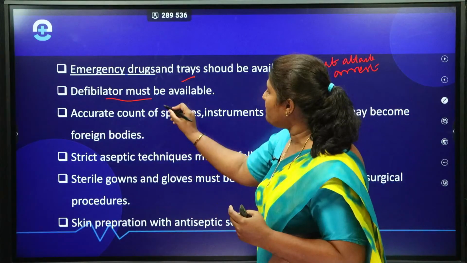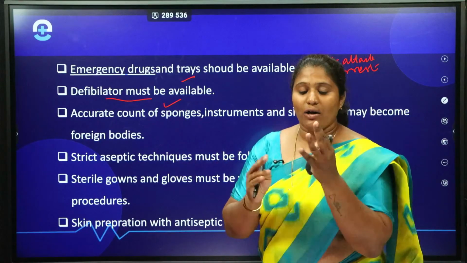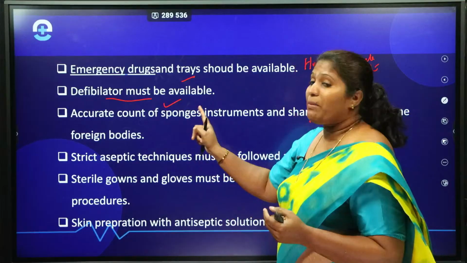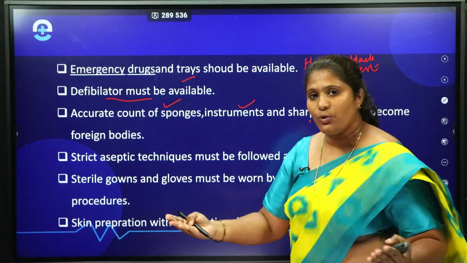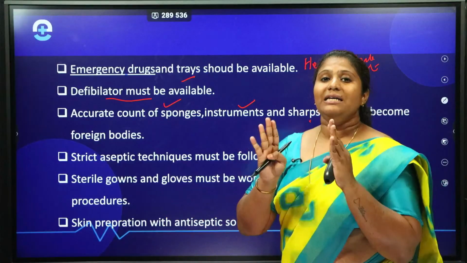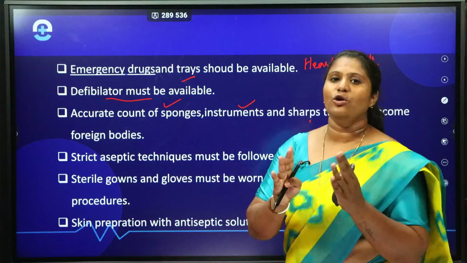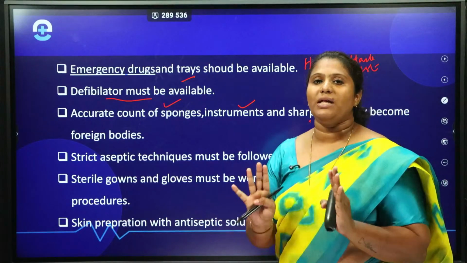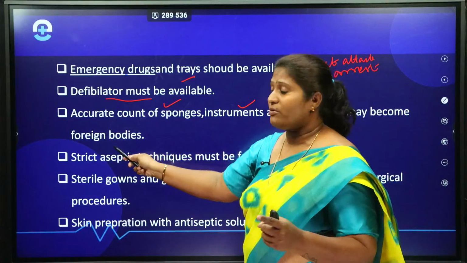They need to make a count of sponges, otherwise they may keep one inside and stitch over it. That count has to be taken by the circulating nurses. Instruments too: how many instruments you took, you need to count thoroughly and keep. When the surgical procedure is done, you have to check whether the same count is there, because they should not become foreign bodies in the patient's body.